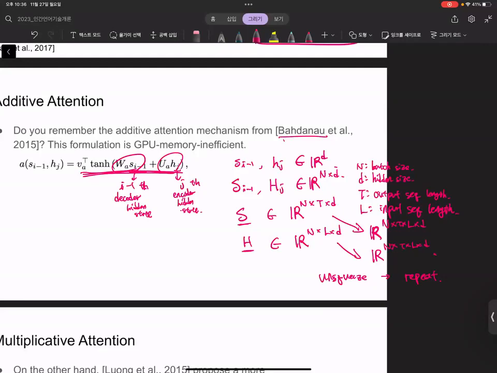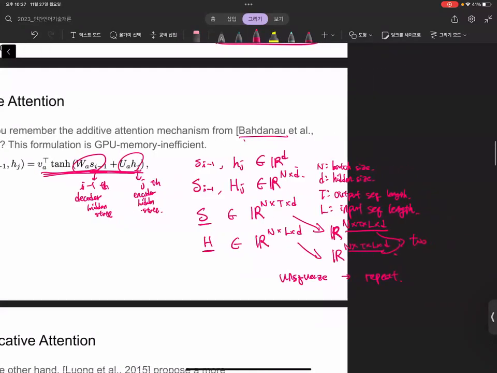And here, this is a very large number, too large, inefficient in terms of memory.